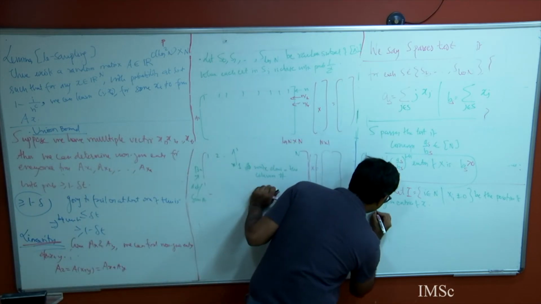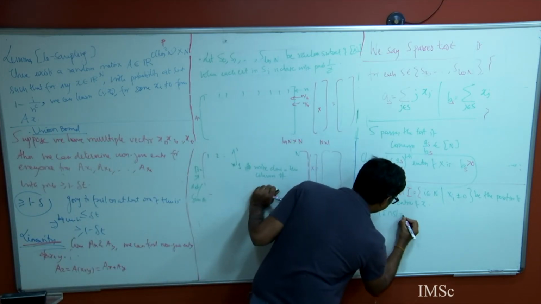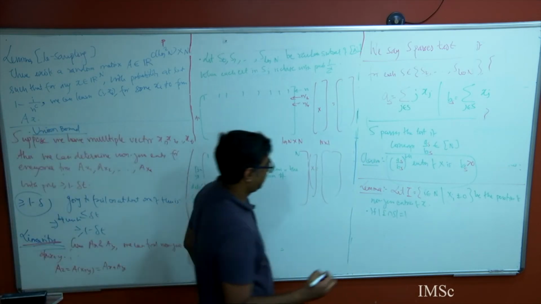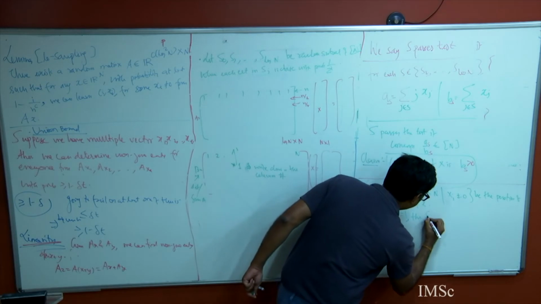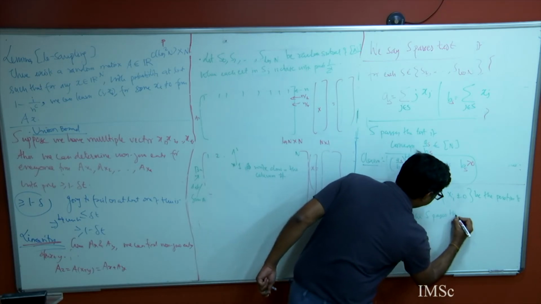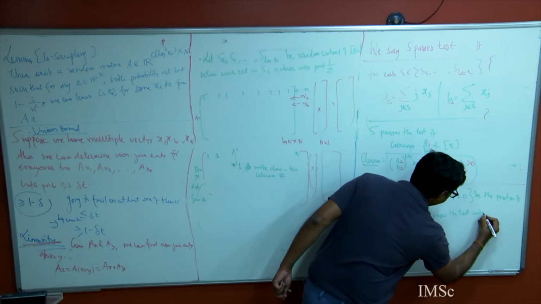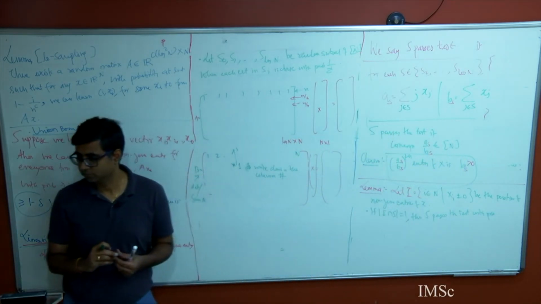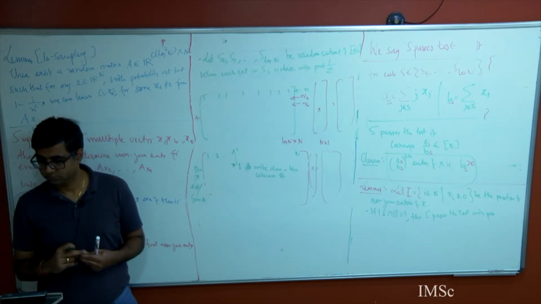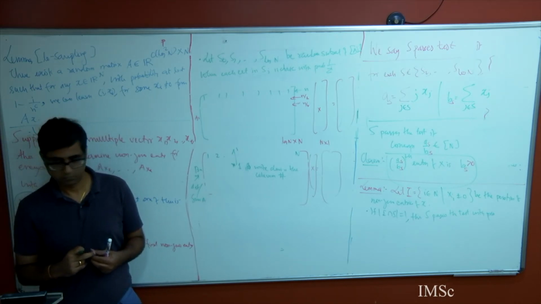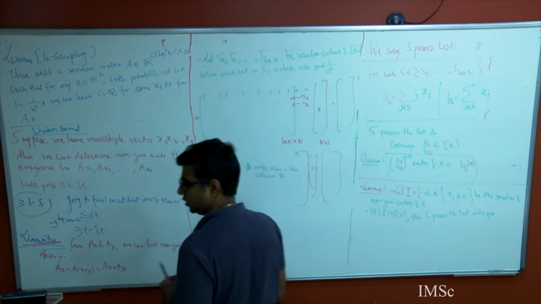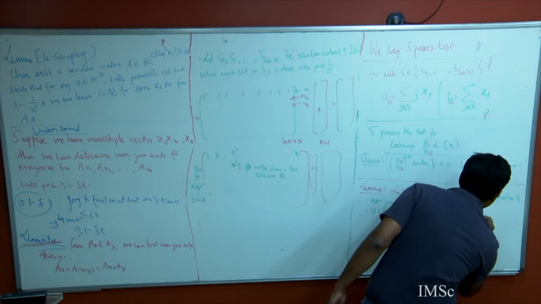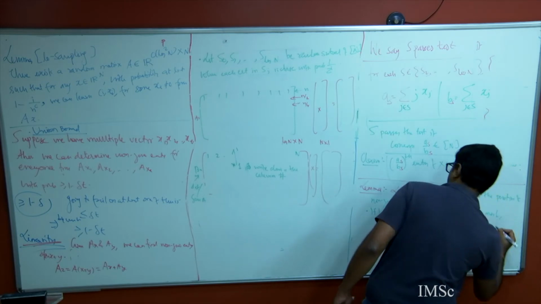So first thing: if I intersection S is 1, then S passes the test with probability 1.